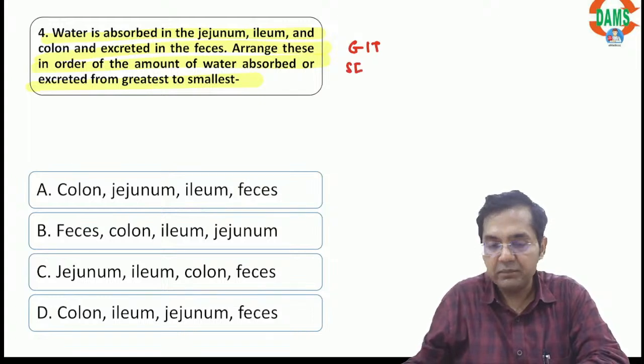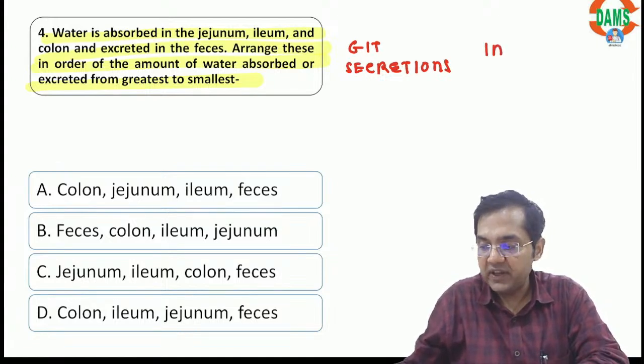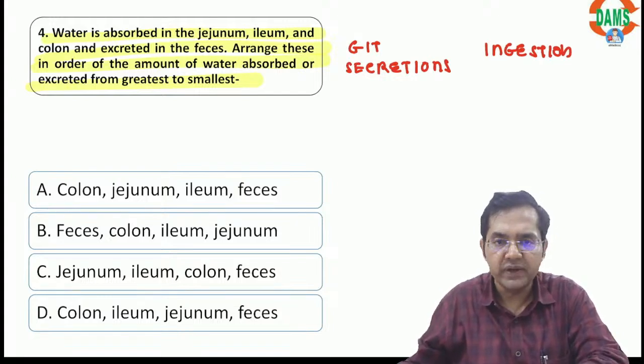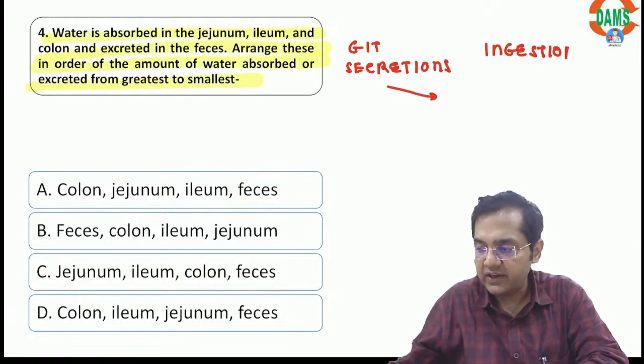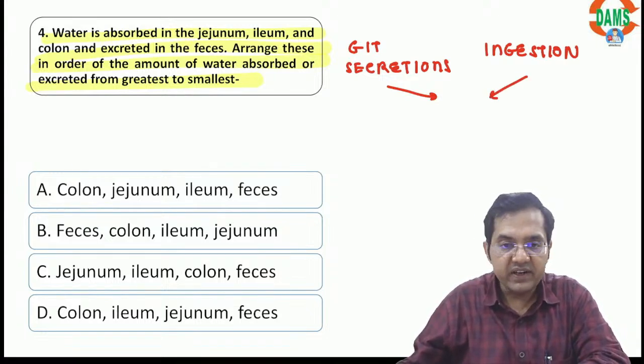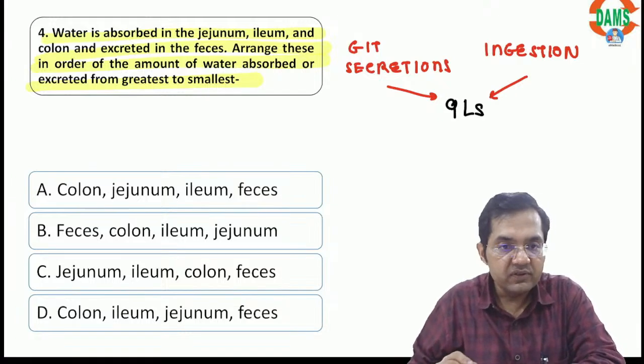Either it is coming from your GIT secretions or it is coming from ingestion. Ingestion means how much water you are drinking in a day. It could be 1 to 2 liters. Generally we all drink at least around 1 to 2 liters.